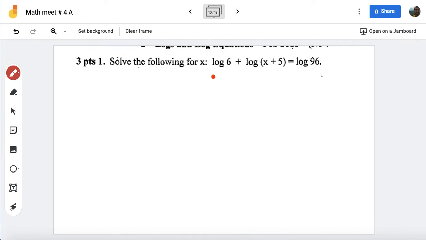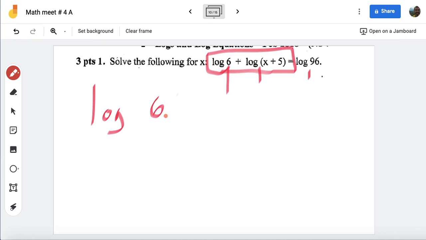Solve the following for x. They don't have a base, so that means they all have a base of 10. These two are two logs that are added, so I'm going to multiply. So log base 10 of 6 times x plus 5 equals log of 96.